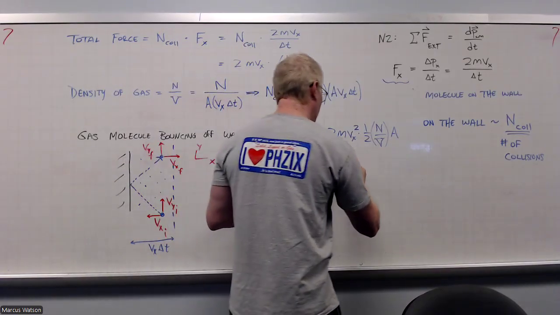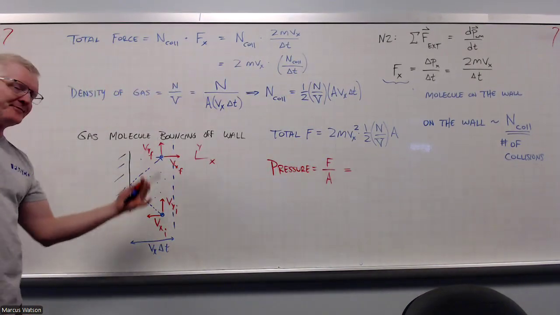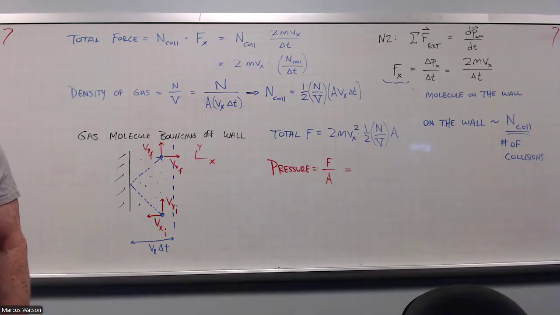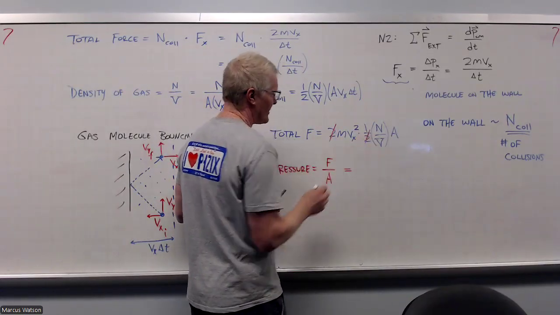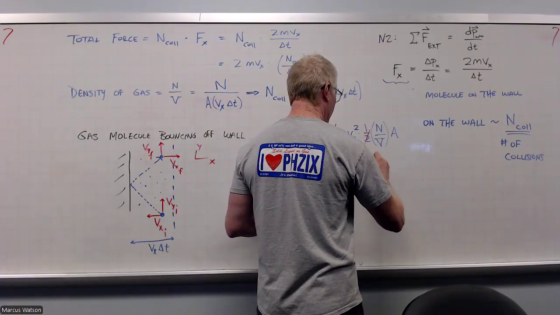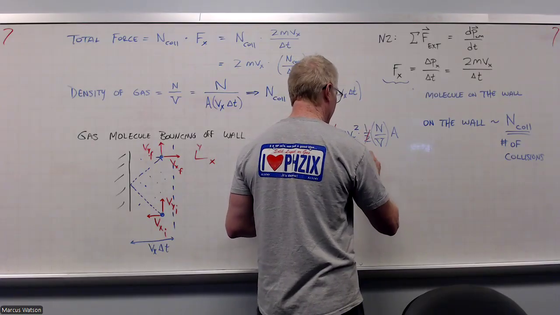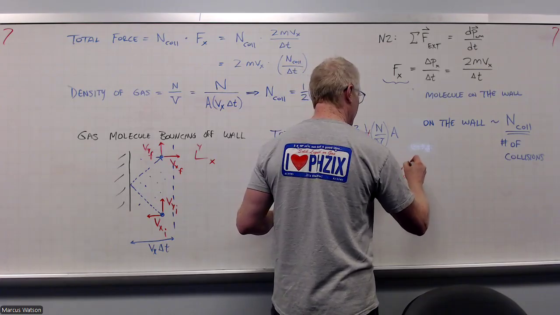So here I would end up with, now, it depends on how you like to go about this. You can cancel the 2's, right? You can get rid of these. But if I swing the area underneath here, I'm going to get N over V, which is the density, times mVx squared.